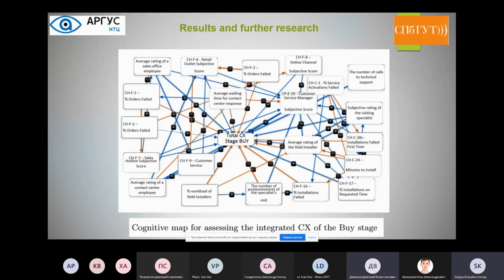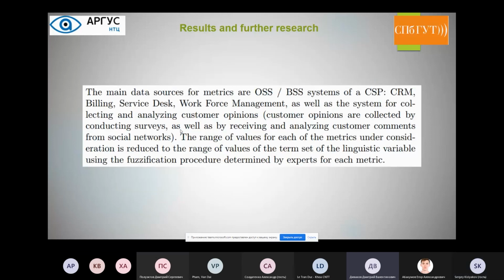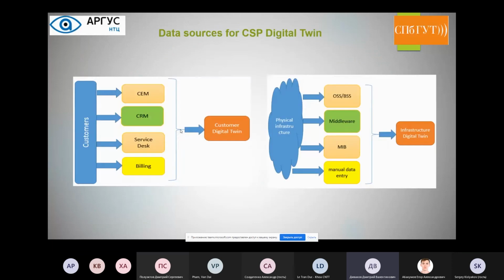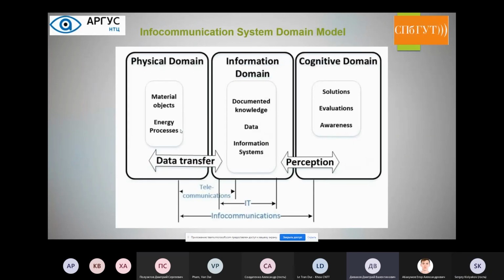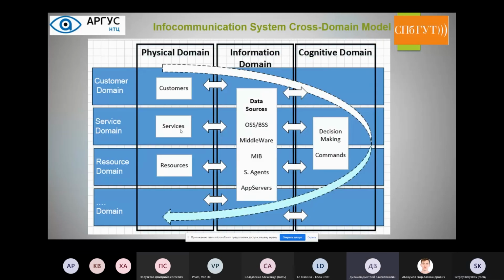Okay. I have one question. You said a lot about the physical domain and the information domain, and there is a connection between them. But as far as I understand, we have a lot of physical processes, but in the information domain we have only some information, not the whole information, about just some processes, not the whole processes.